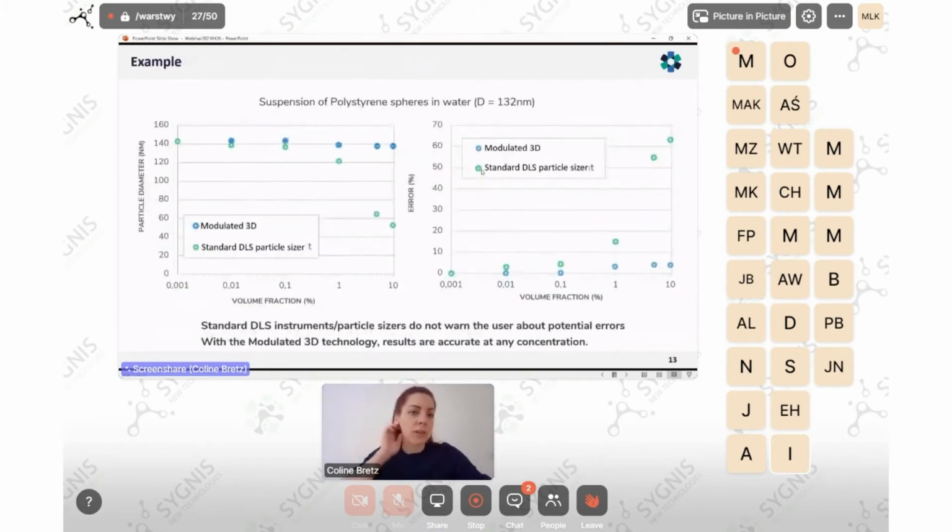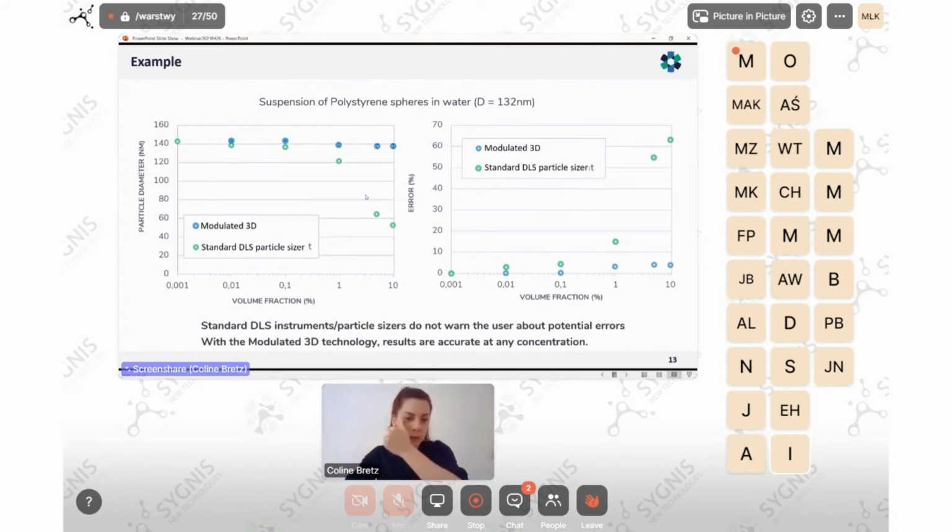And we have shown this also using a suspension of polystyrene in water. Polystyrene at a diameter of about 132 nanometers is a typical size that one will also investigate when developing new materials. We've compared the results using our technology and using a standard DLS particle sizer. And again, here you can see that as a function of the volume fraction, at low concentration, you start with the same values measured.